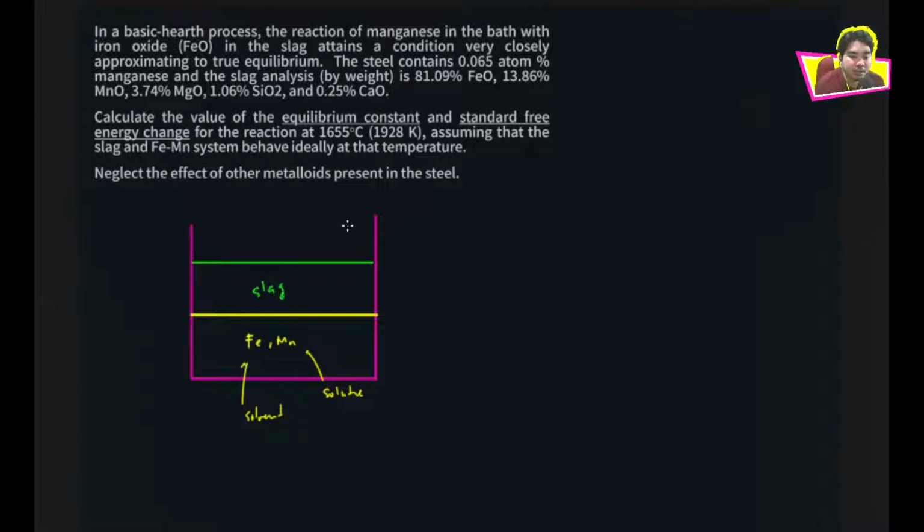Usually kasi the slag contains, I hope na-cover to kahit papano sa MetE11, when we do extraction lalo na yung mga pyrometallurgical process. Na dahil yung metals natin has a very high affinity for oxygen, usually nagpo-form siya ng mga oxides no. And yung oxides natin mapupunta sila lahat sa isang layer which is the slag layer. So kaya ang slag layer usually parang metallic, glassy yung finish niya no. So because it contains mostly mga oxides.